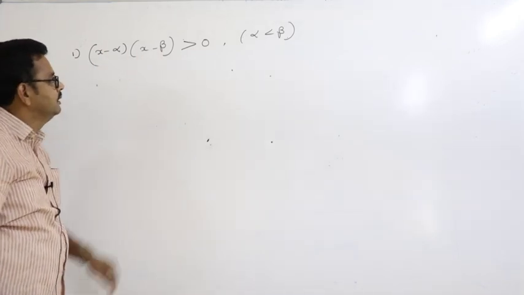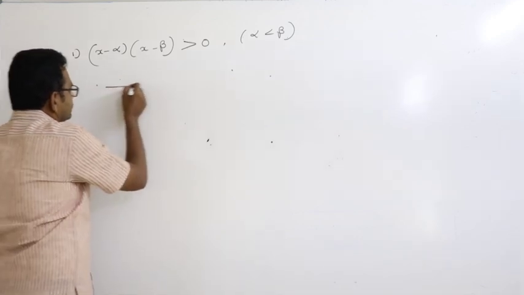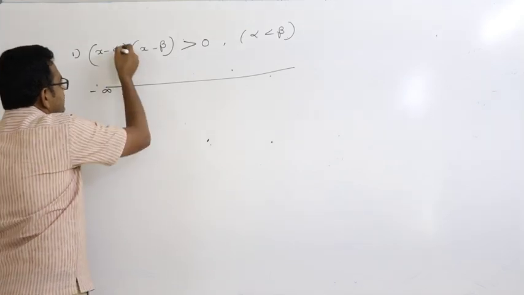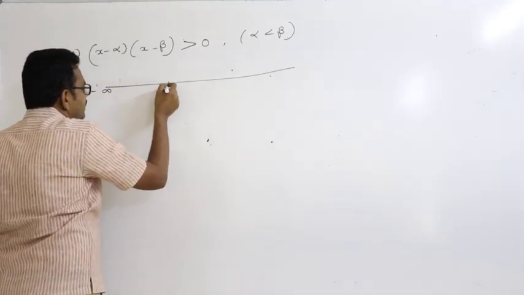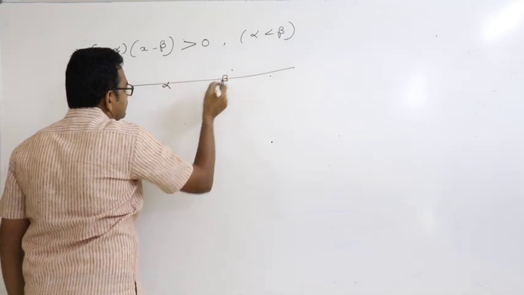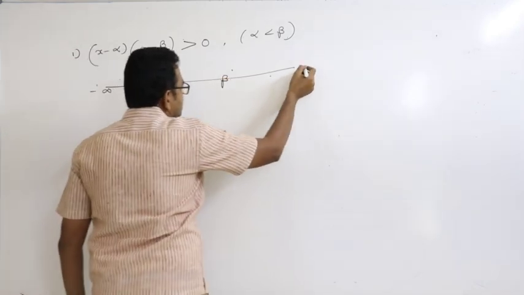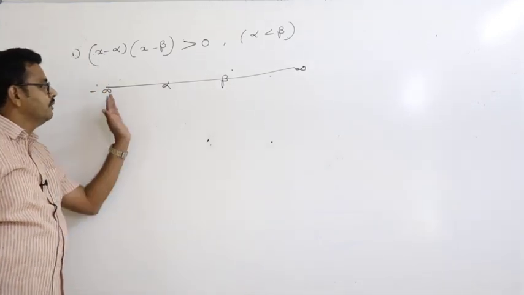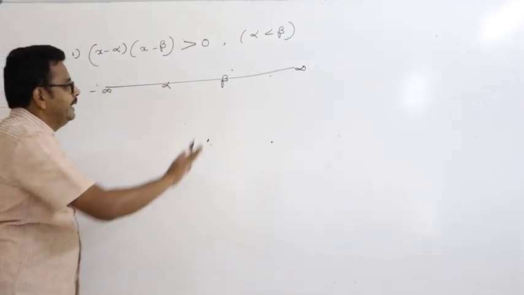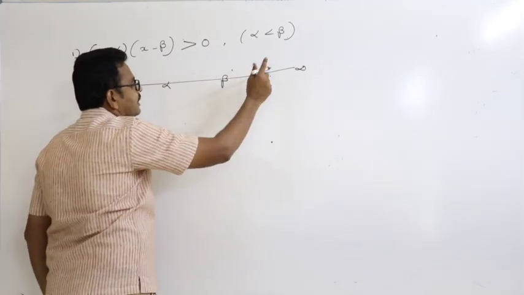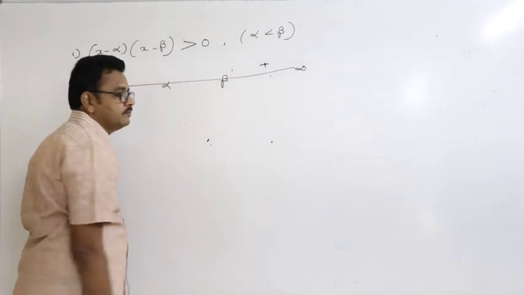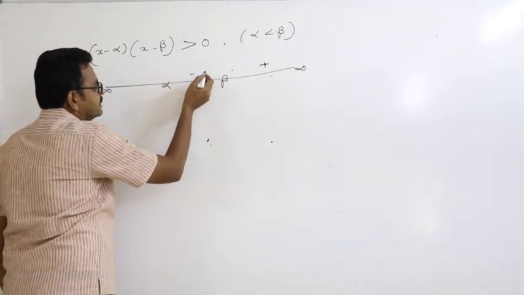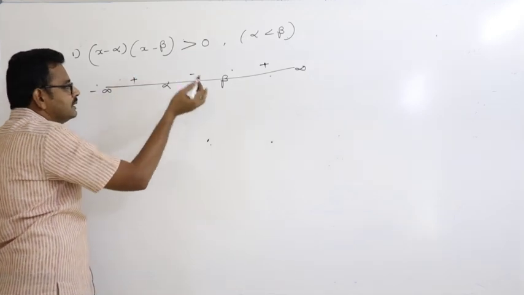Simply you can put this: always minus infinity, this is the smaller number alpha, and compared to this, beta is greater than alpha, and this is plus infinity. Always put plus to the right of beta. Next one is minus. Next one is plus.